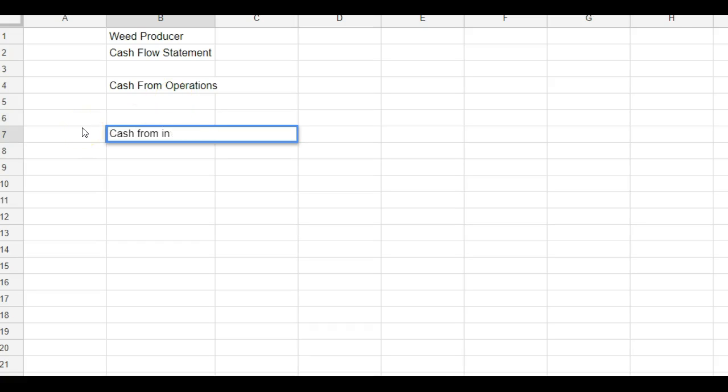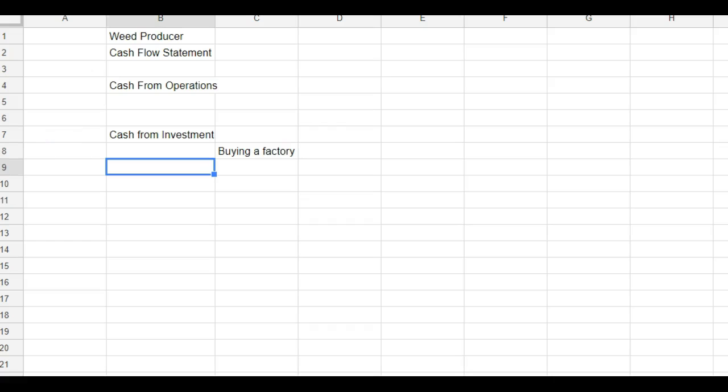That's all your investing stuff. I'll give you an example. That's like buying a factory. Cash from operations would be like hiring some guy to run your factory, hiring a manager. Okay, cash from investing, or investing.